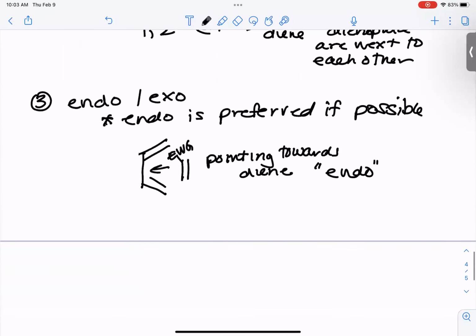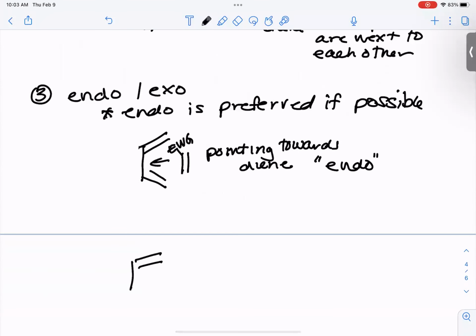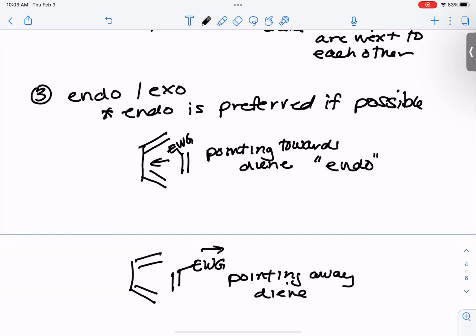For exo, it's pointing away, and that's your exo. But notice the hierarchy in this list. You only get endo if you meet those first two criteria, then we can have the endo being preferred.